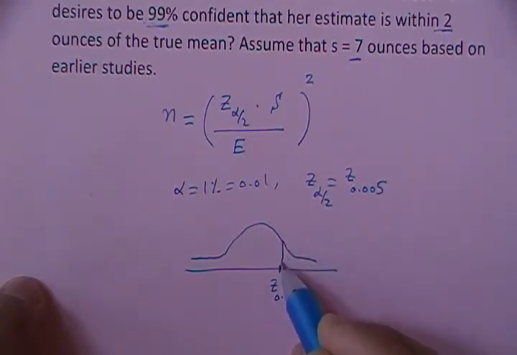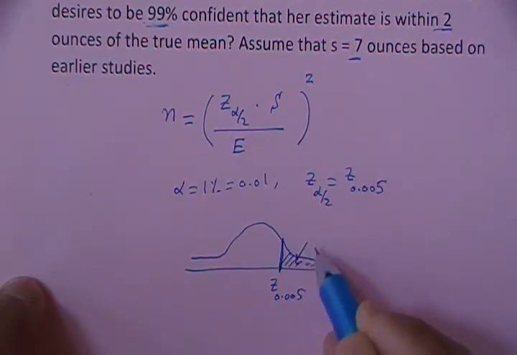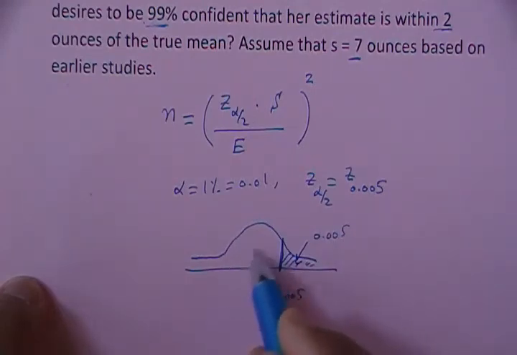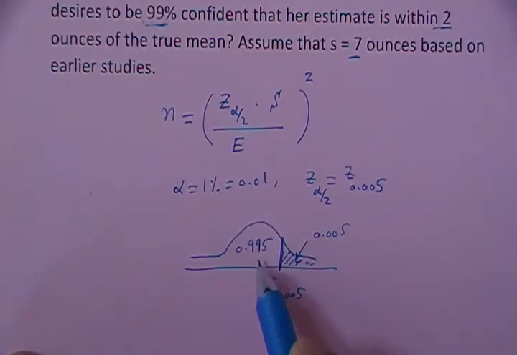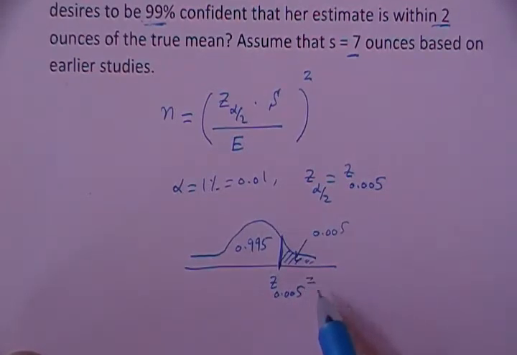If we draw this vertical line, the area here is 0.005, so on the other side the area under the curve would be 0.995. So we can look into the normal distribution table: the area on the left is 0.995, so what would this z value be?